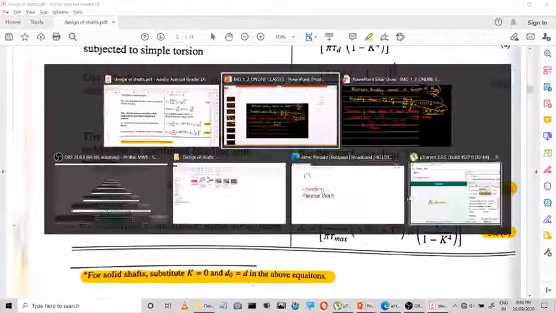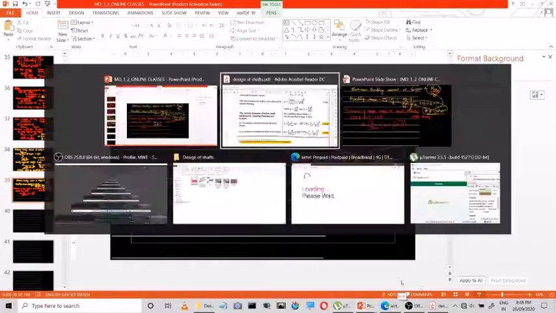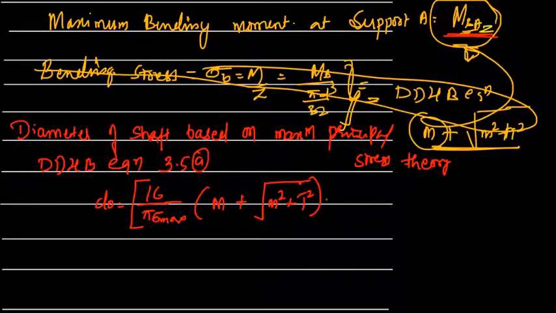Now into 1 divided by 1 minus k to the power of 4 here.